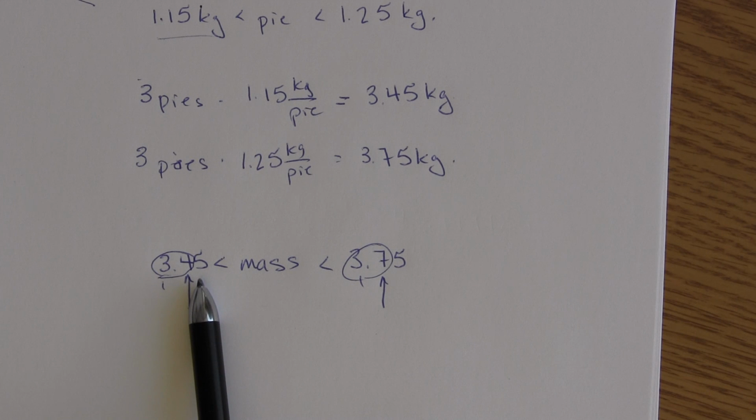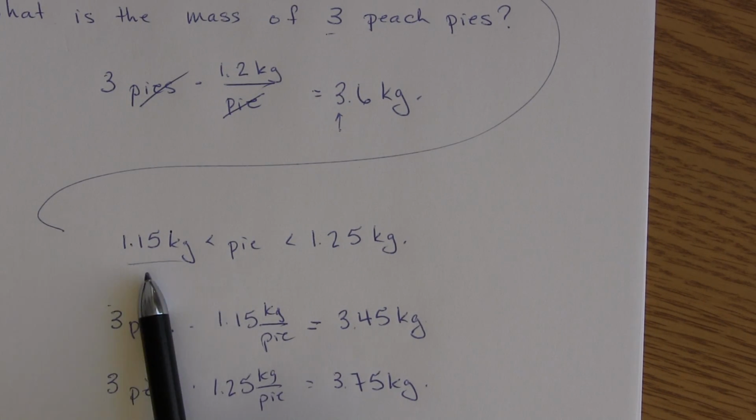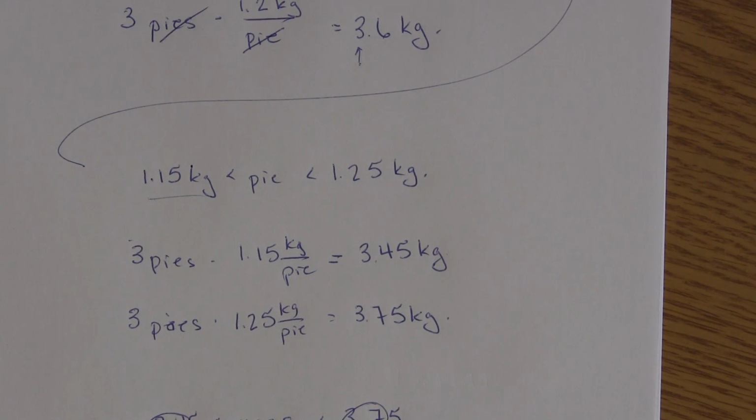Anything past here is going to change drastically as we change across our range of 1.15 to 1.25. Generally, we'll say for this class that the easiest way to deal with uncertainty is to say that any measurement that has n significant figures cannot yield an answer with any more significant figures than we started with.